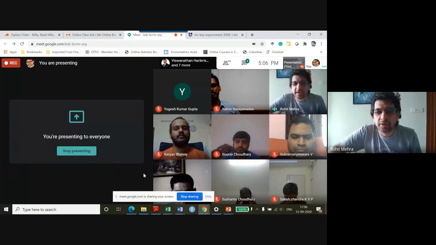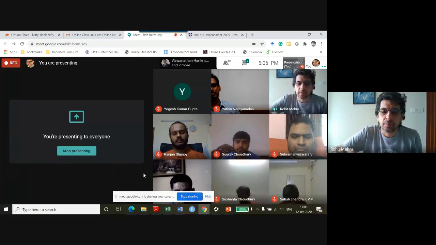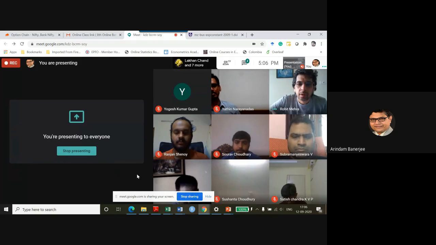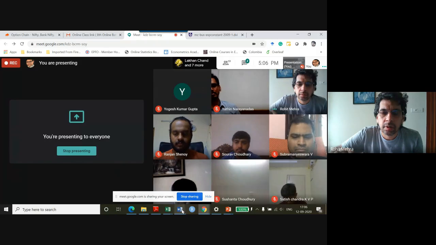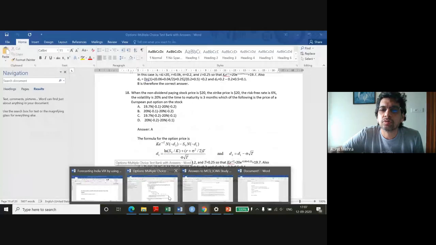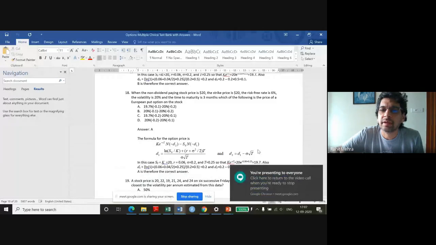So in that last question where we had to compute 19.7 using that formula, again there was the calculation of E raised to the power. So this is also what we will have to calculate there, right? E raised to the power of minus 0.06 into 0.25. Yes.